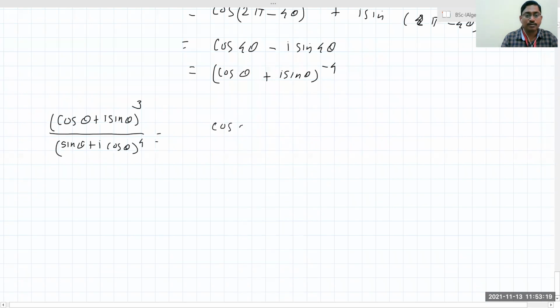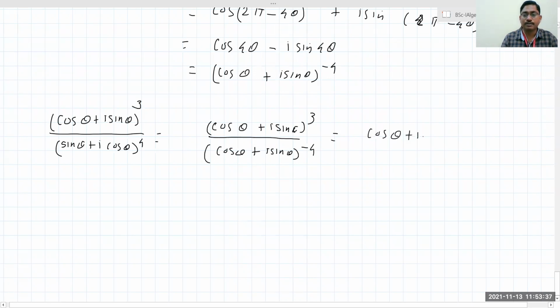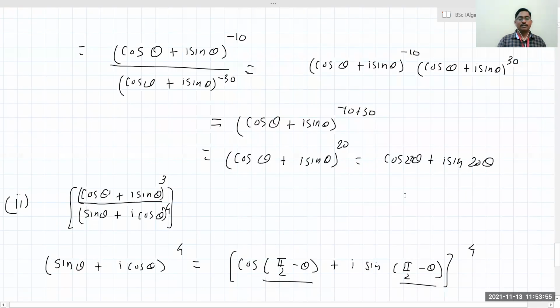The denominator value is calculated as cos theta plus i sine theta raised to minus 4. The base is the same, so with the numerator's power 3 it becomes plus. So this is cos of 7 theta plus i sine 7 theta, and that is the answer. In this way, De Moivre's theorem can be applied to solve the problems.